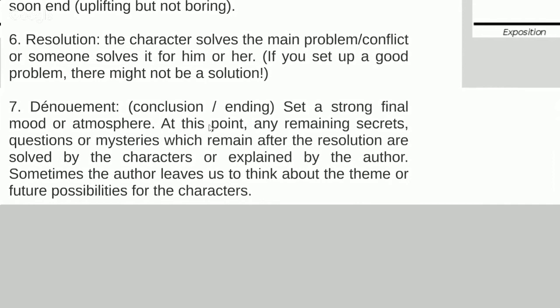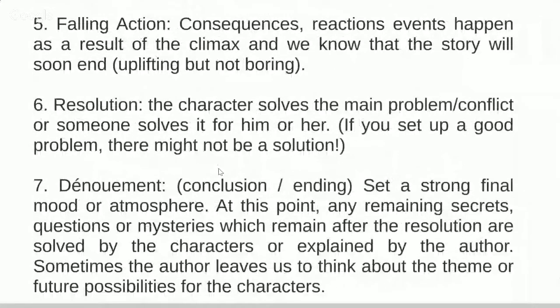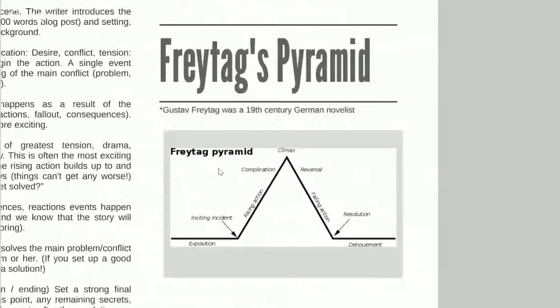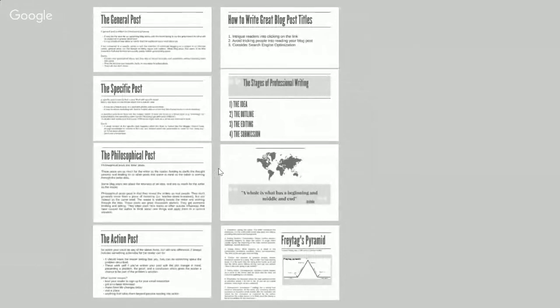So you leave the reader thinking about something that will happen in the future. So stay tuned to find out what's happening next and what adventures I'm about to embark on next. So this was the Freytag pyramid that I wanted to present to you when we talk about writing action posts.